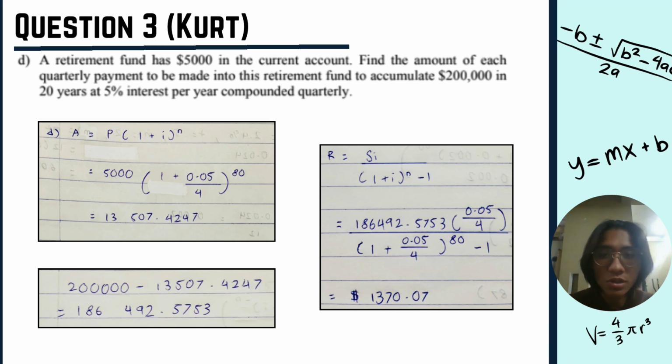So I just put the information based on what we calculated before into the formula, which is 186,492.5753 in bracket 0.05 divided by 4 in bracket, and then you divide by in bracket 1 plus 0.05 divided by 4 in bracket, for n is 80, and then you minus 1. So you get the total of $1,370.07.